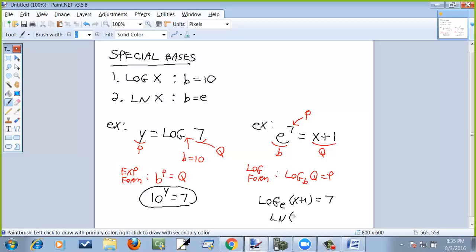So this is natural log of x plus 1 is equal to 7. And that would be our answer. Okay, let me clear that off. And then we'll look at the next topic.